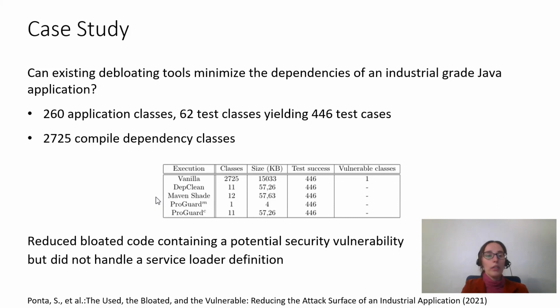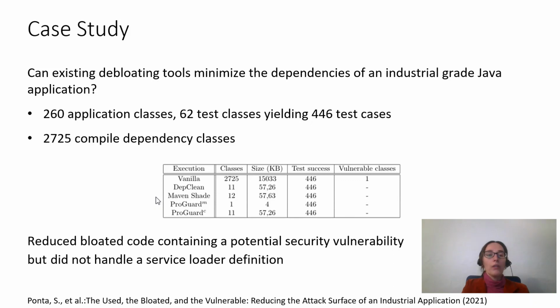And what we obtained, as you can see in the table, are very good numbers. So the tools were able to debloat the application down to 11 or 12 classes, and the tests were still successful. But we actually interviewed the developer of the application by showing our results.